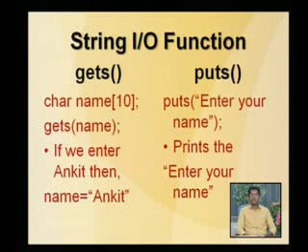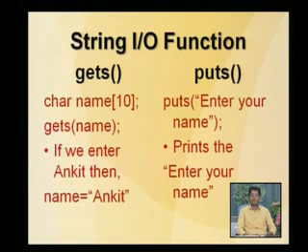Now let's compare both examples, gets and puts. char name[10], which means name is an array containing a maximum of 10 characters, and gets(name). Now if we enter Ankit, the value Ankit will be assigned to the name variable, so using gets you can read the string from the user.